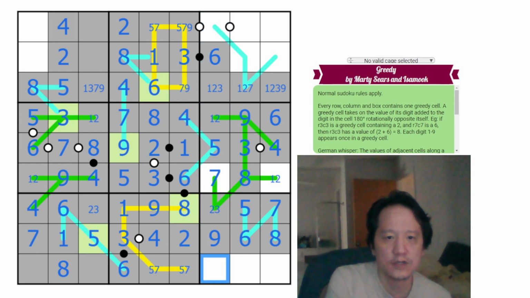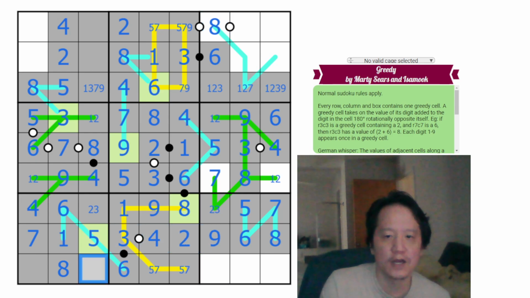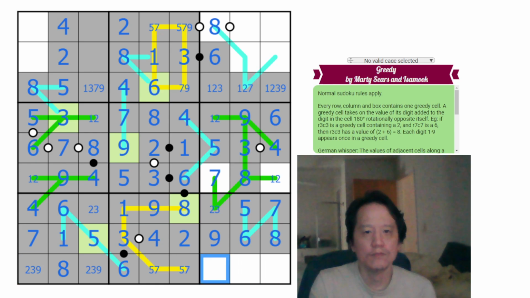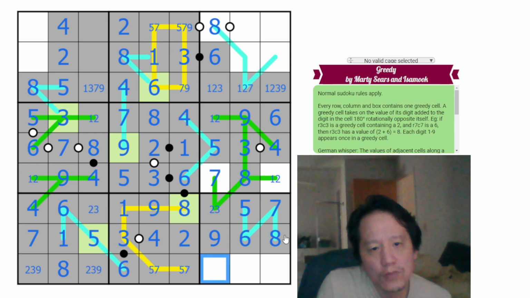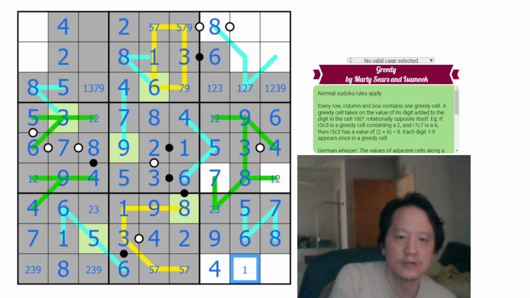This has to be 8. Right? So that's 8. This is 2, 3, and 9. So this is 4. And we have 1, 2, 3.